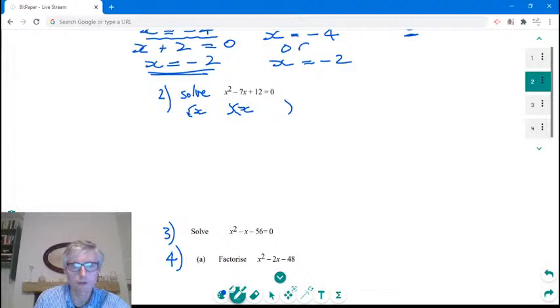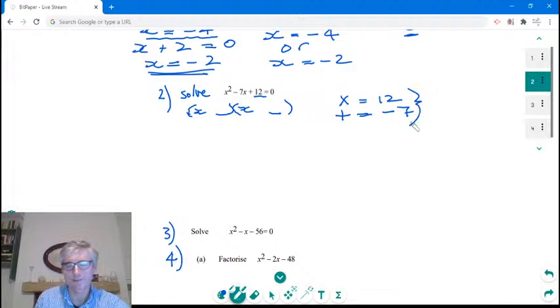But the two numbers that we're looking for, the one that goes there and the one that goes there, have to multiply to equal the last number. So we've got times to equal 12, and they've got to add to equal minus 7. So we've got to have a little think about that.